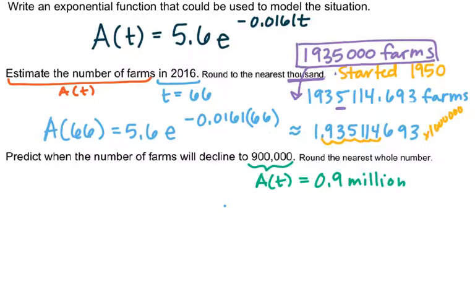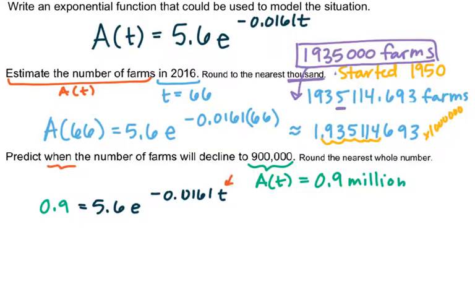So this is solving the exponential equation using that same formula. 0.9 equals 5.6 e to the negative 0.0161 t. So t is my variable here because we are looking for when, right?